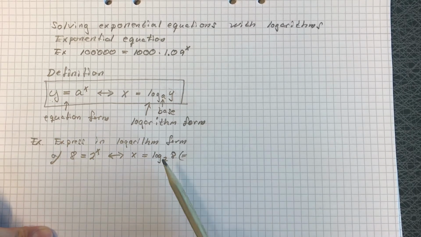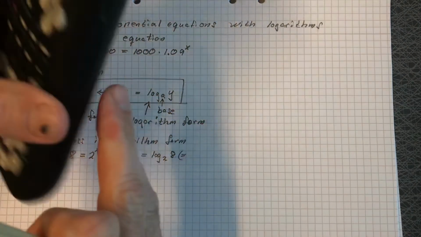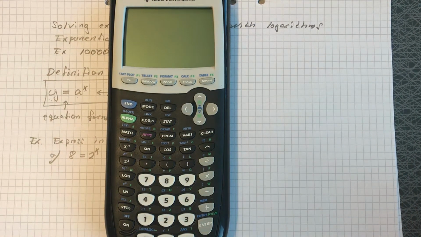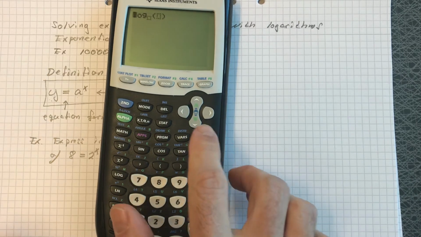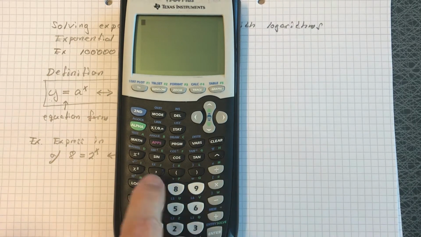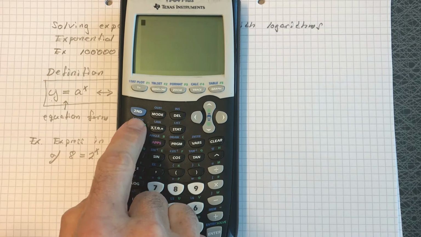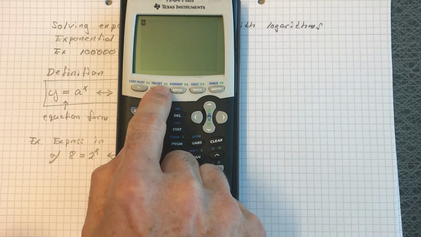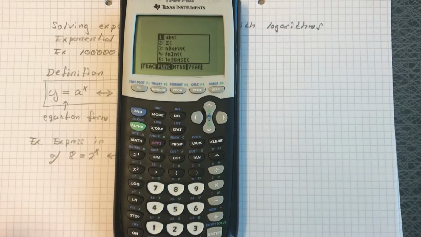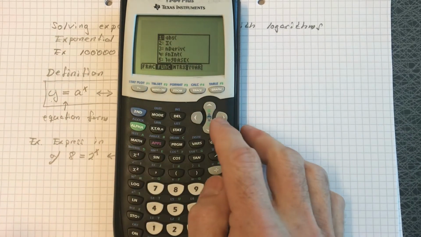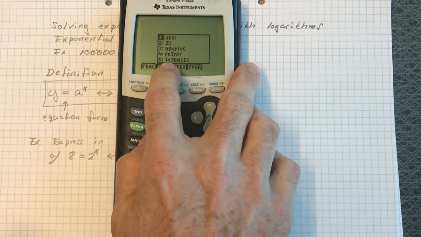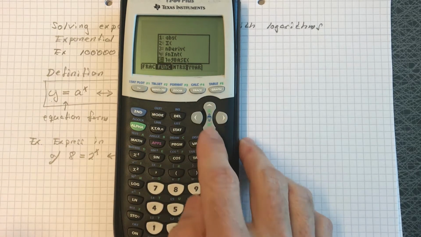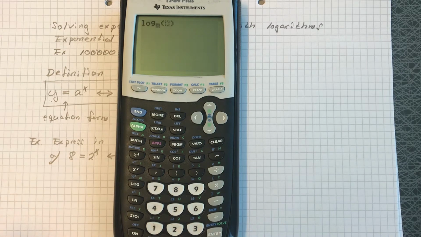Let's use our calculator and see if that's true. So, you have the calculator. And then to use this logarithm, you press first the green one and then window. So that's the F2 applications. And then you see this, and you see it says log base here. So you take the arrow down, go down to log base.